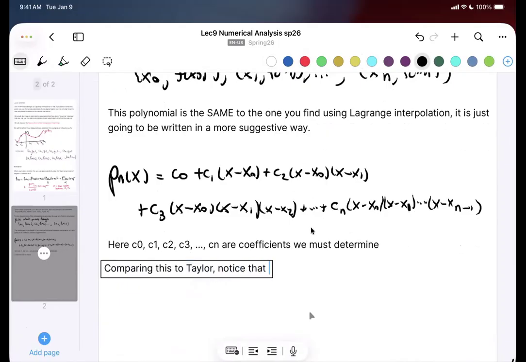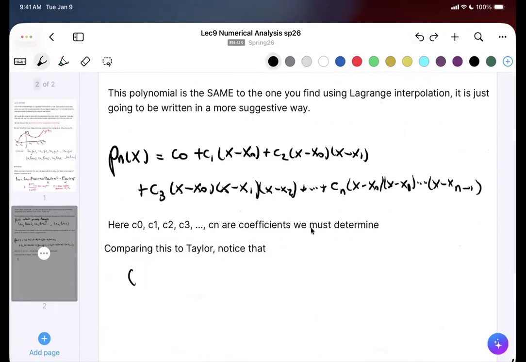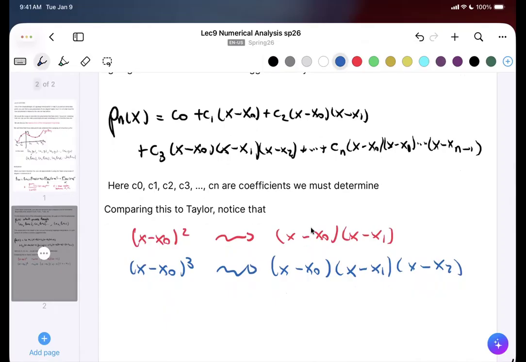What I'm saying is that x minus x0 squared gets turned into x minus x0 times x minus x1, and then x minus x0 cubed gets turned into x minus x0 times x minus x1 times x minus x2. So you see this is still quadratic, this is still cubic. It's just that the factors are broken apart.